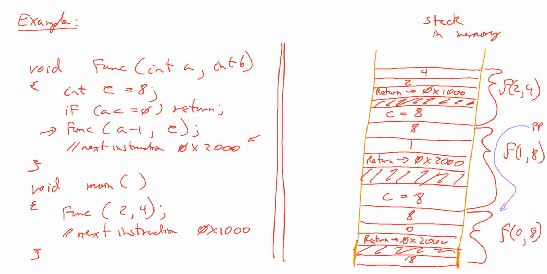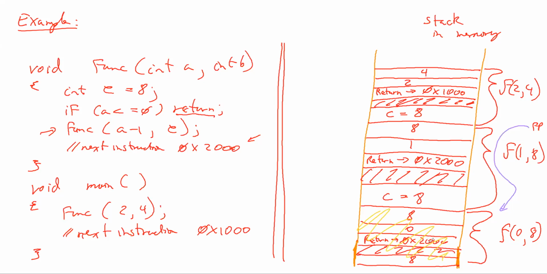Right, and so now I once again go into this code. 0 is now, in fact, equal to 0, so I return. At that point, I finish the execution of the function, and the frame pointer says, oh, you just finished executing. Now I'm going to use another color for this, yellow, and it says, I'm going to destroy that. Not destroy it, but just forget about it.